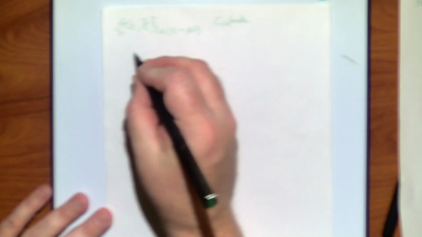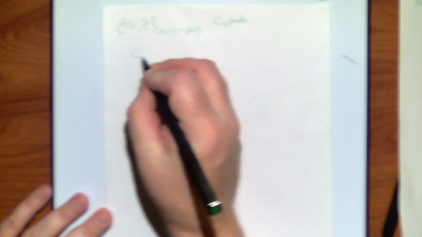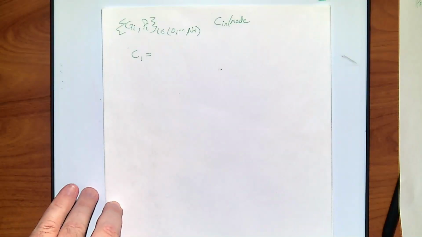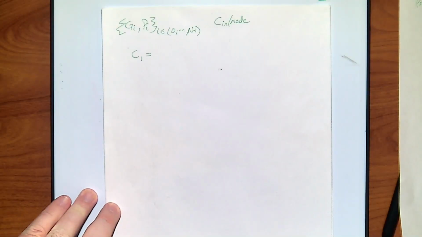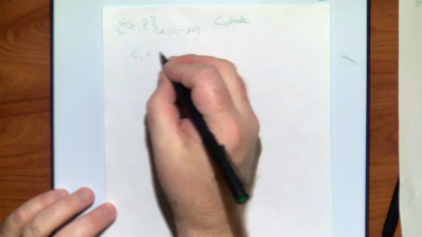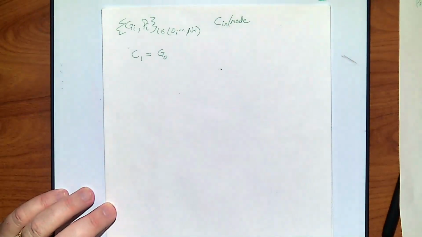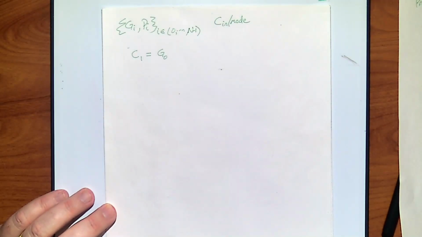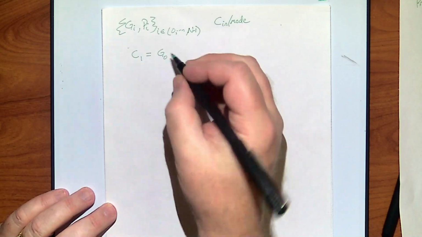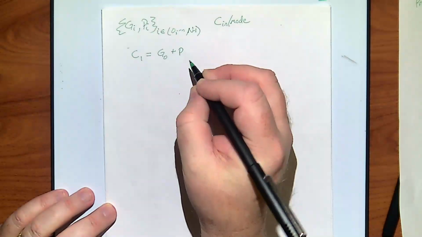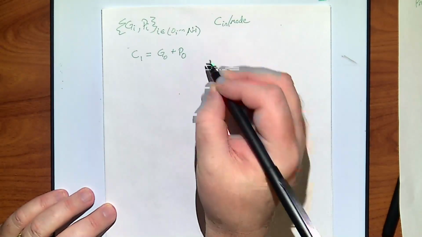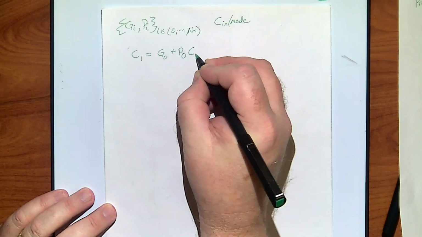So let's take a look. Carry 1, which is going to come from stage 0, right? This is the carry into the stage. So for carry 1, did I generate something at 0, or did I propagate at 0 and there was something to propagate?